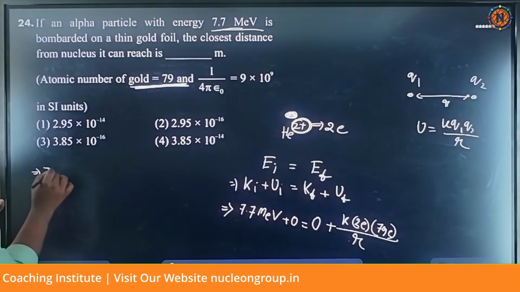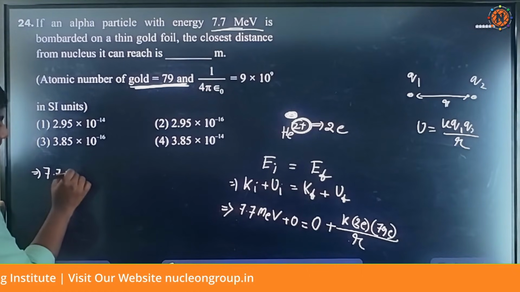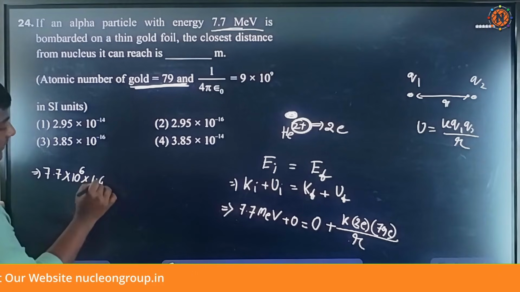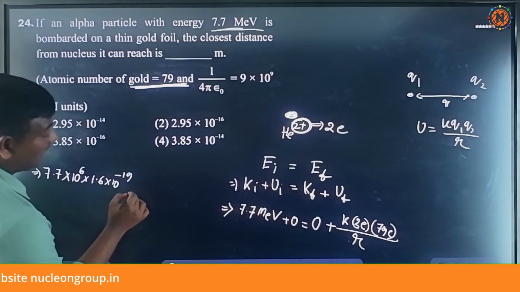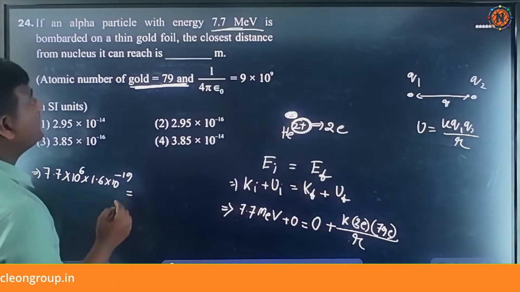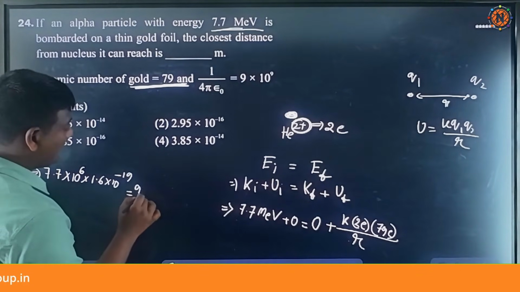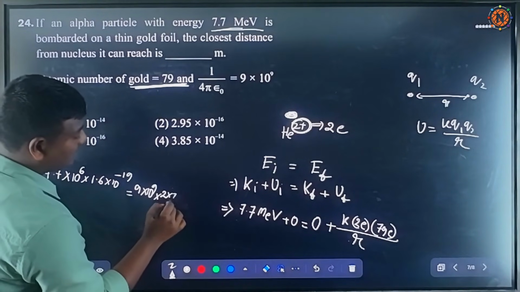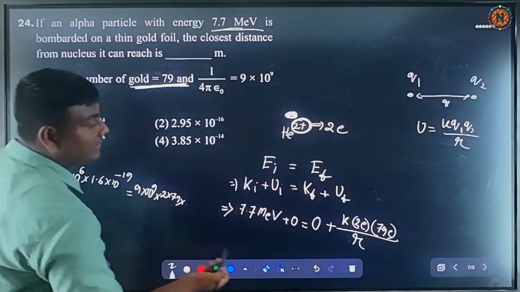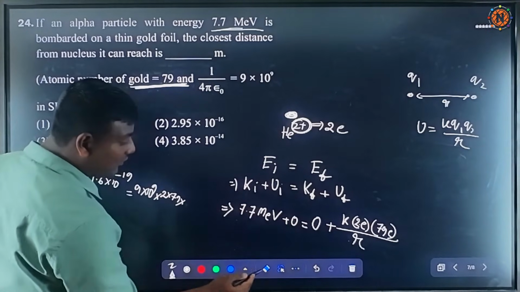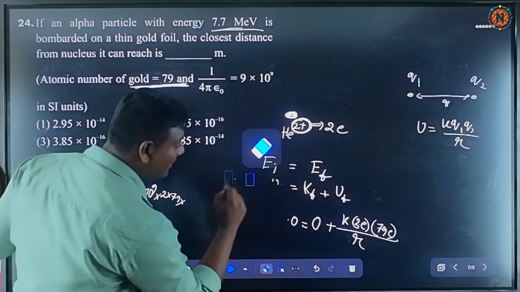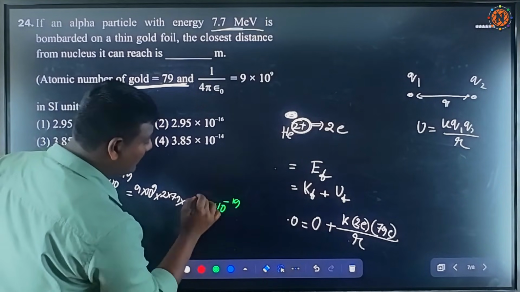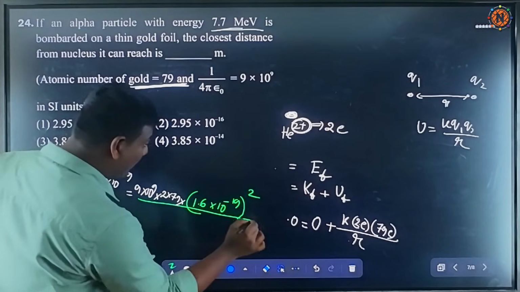So 7.7 mega electron volt means 7.7 into 10 to the power 6 electron volt, times 1.6 into 10 to the power minus 19, equal to k, which is 9 into 10 to the power 9, into 2 into 79 into e square, that is 1.6 into 10 to the power minus 19 squared, divided by r.